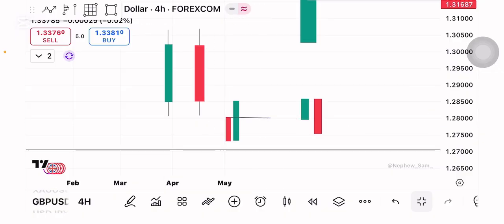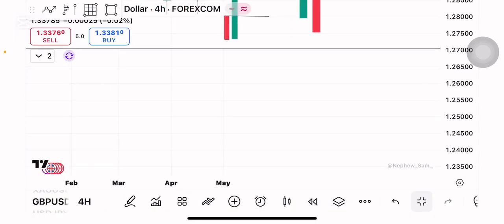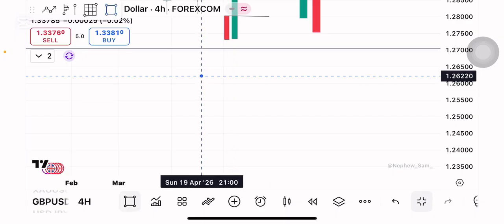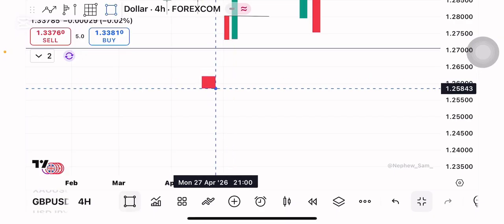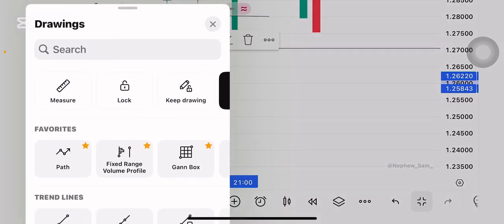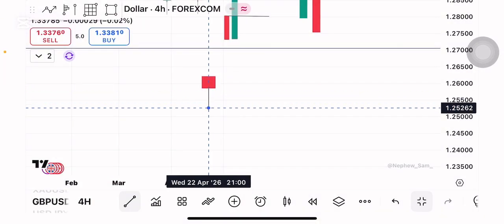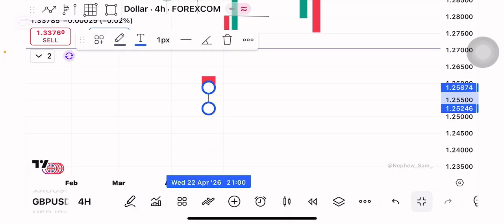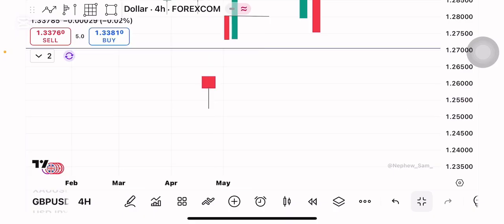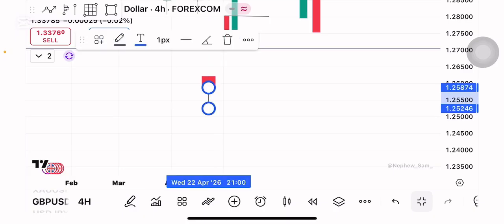Then, aside from the engulfing bar, we have our pin bar. Pin bar looks like this. Then we have something like this that goes down. Let me change the color.